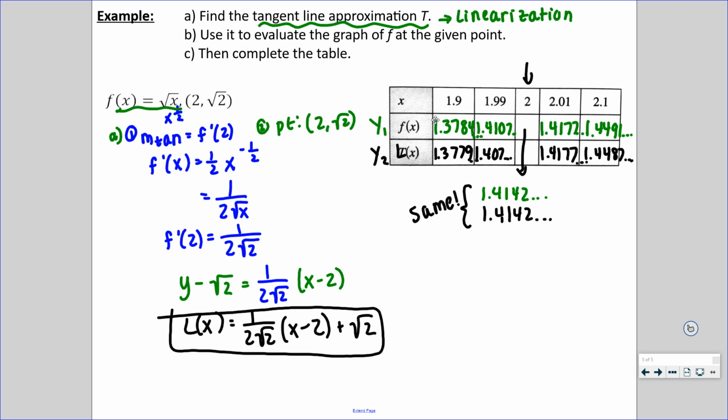Okay, it's worded exactly like this. So it's not going to call it linearization. It's going to say tangent line approximation, which is the same thing.